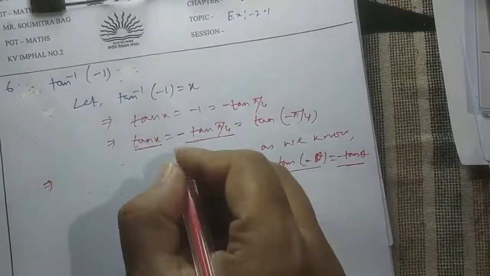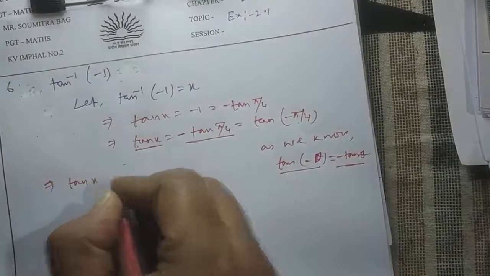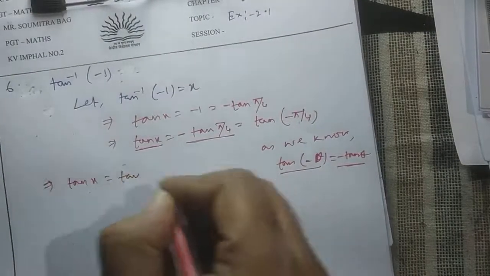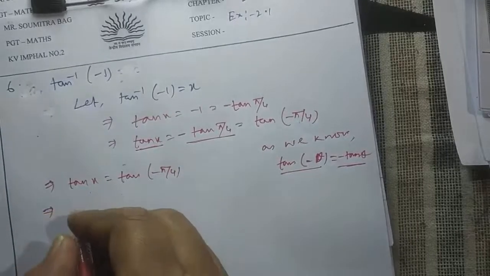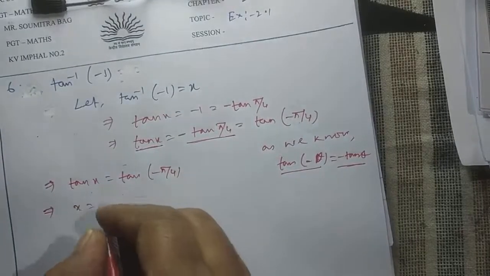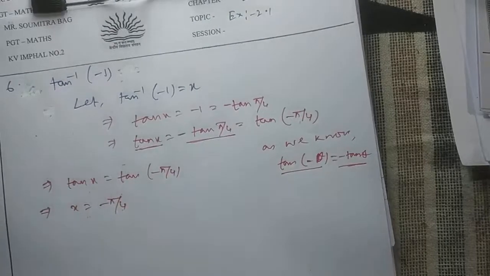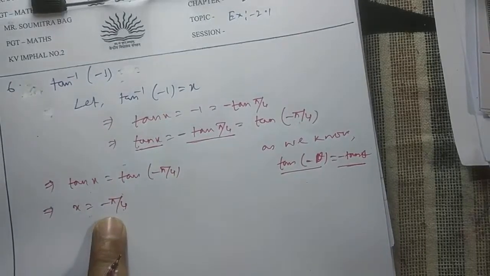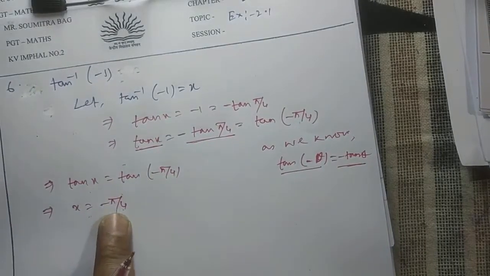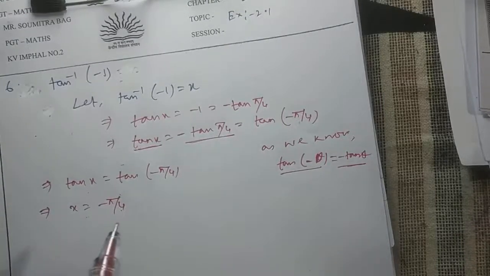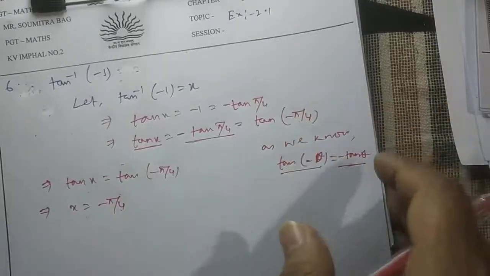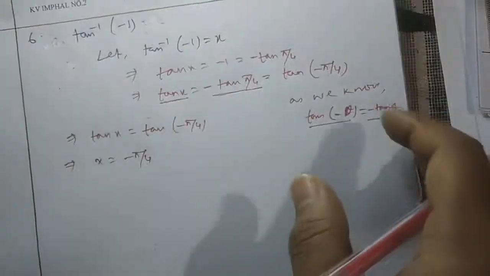Now from here we have got tan x equal to tan of minus π/4. Now on comparing we get x equal to minus π/4. In the similar manner we have to verify whether this minus π/4 belongs to the range of tan inverse x or not. If it belongs, then it will be the required PV.